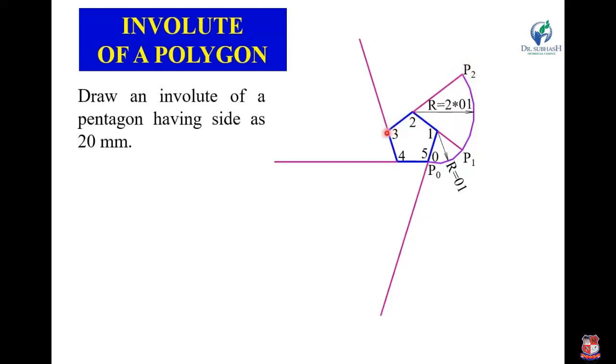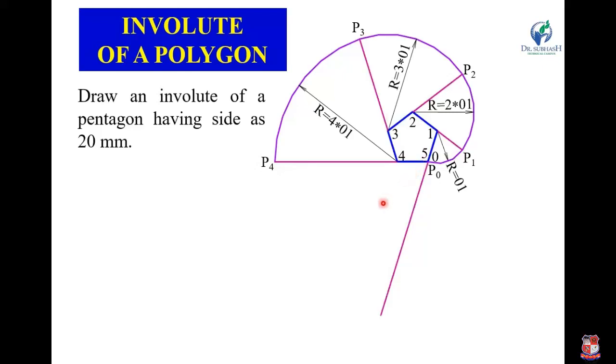Now 3 as a center, radius equal to 3 into 0-1, or you can say 60 mm, and you will get the point P3. Similarly, 4 as a center, radius equal to 4 into 0-1, and you will get the point P4. Now 5 as a center, radius equal to 5 into 0-1, or you can say 100 mm, so you will get the point P5.